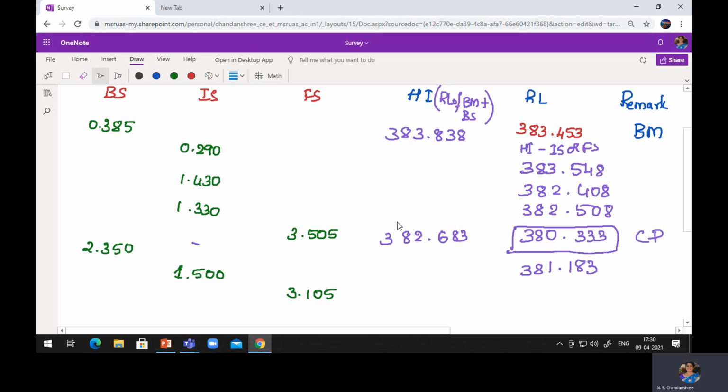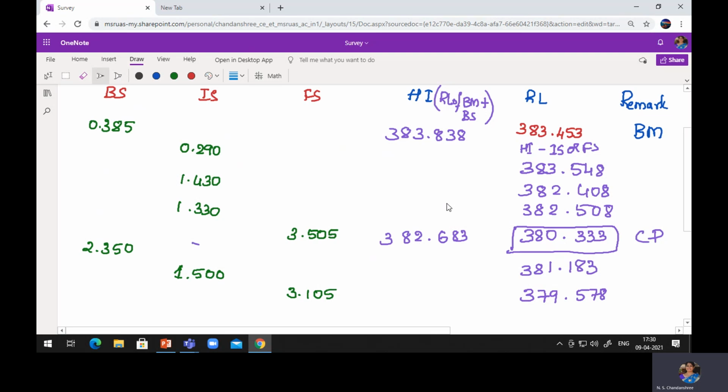Next, the last step is to find out the RL of this point. So height of the instrument 382.683 minus 3.105. So the RL is 379.578 meters. So this is how we calculate the reduced level of all these points using the height of the instrument method.